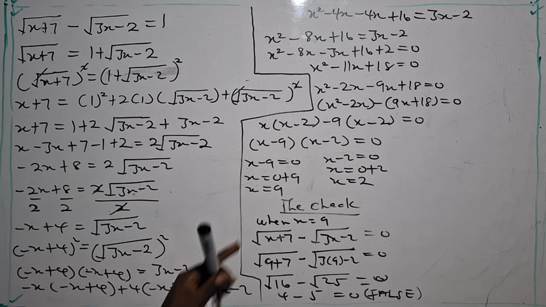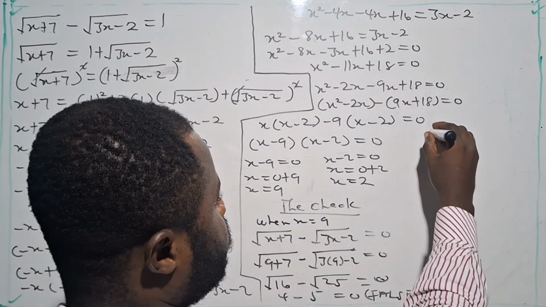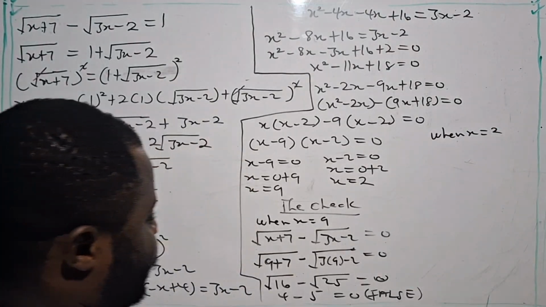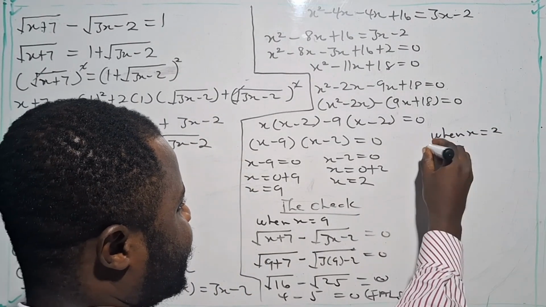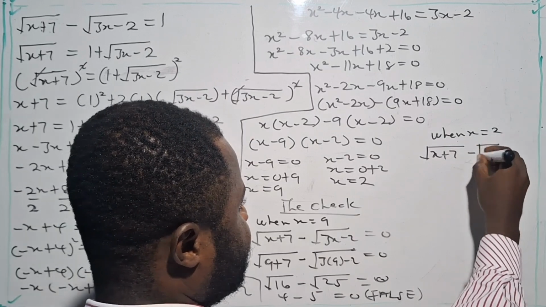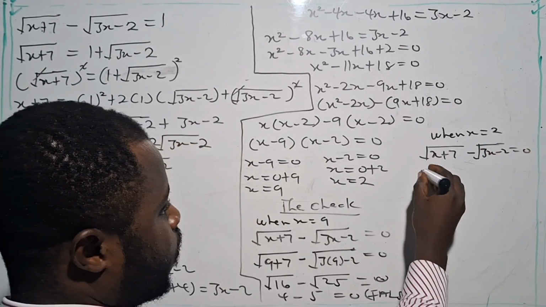So let's check when x is equal to 2. Follow closely so that you don't get confused. So √(x + 7) − √(3x − 2) is equal to 0.